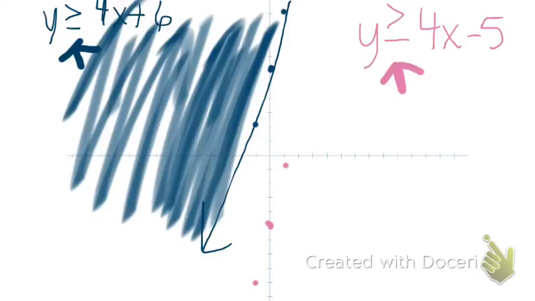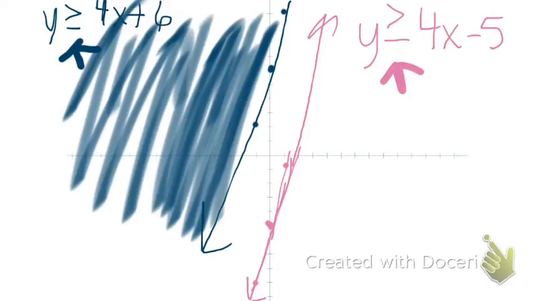The symbol here tells me my line is solid. Hopefully I can get this where my graph looks like it needs to be parallel. So just imagine those two lines are parallel. I apologize for the bad drawing.